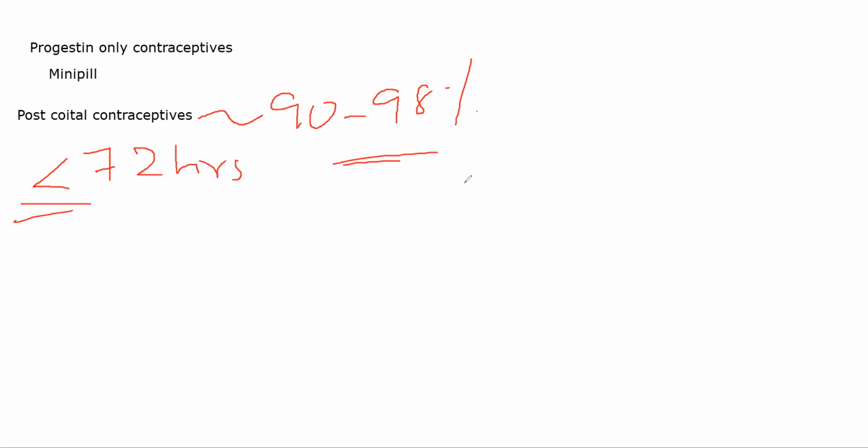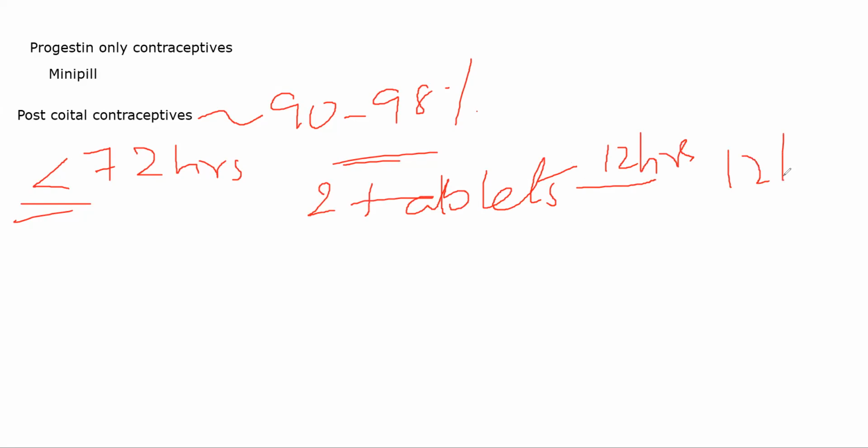What you do is immediately after coitus you take 2 tablets, and you wait for 12 hours and you take 2 tablets again. This is happening within a window of 72 hours. If you miss even these first 2 tablets within 72 hours, you might have to go to a doctor.